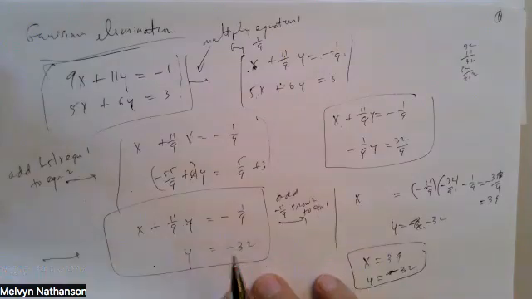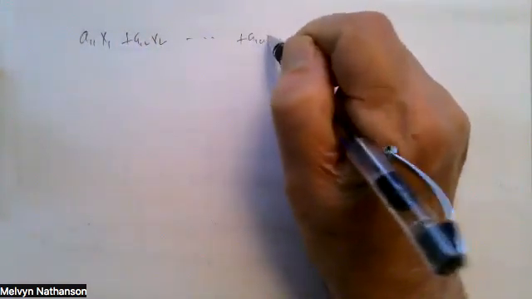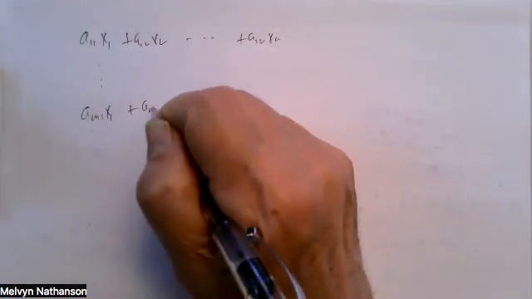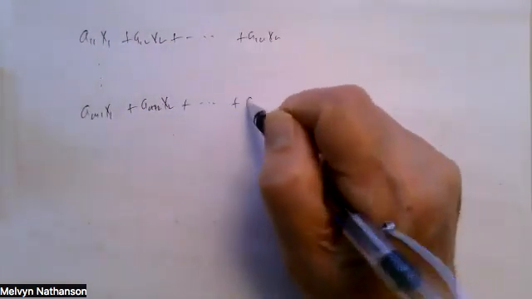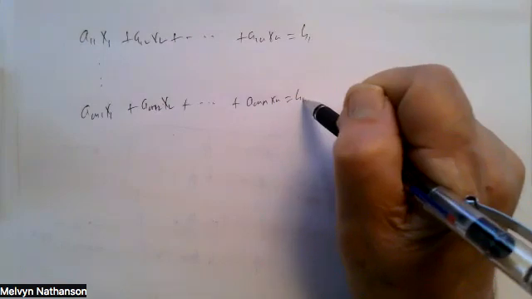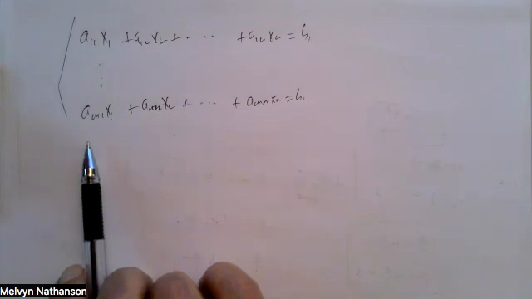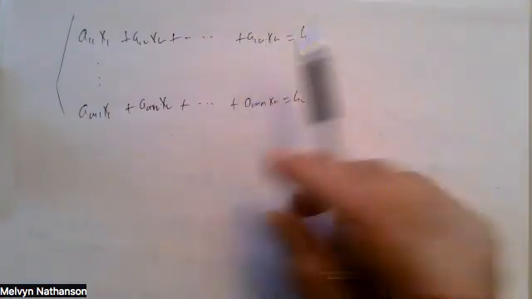So you have your system of equations, a11x1 plus a12x2 plus up to a1n xn, down to am1x1 plus am2x2 plus up to amn xn, equals b1 down to bm. Now, some of these coefficients, the a's, can be 0. So find, in all these equations, a variable with a non-zero coefficient.